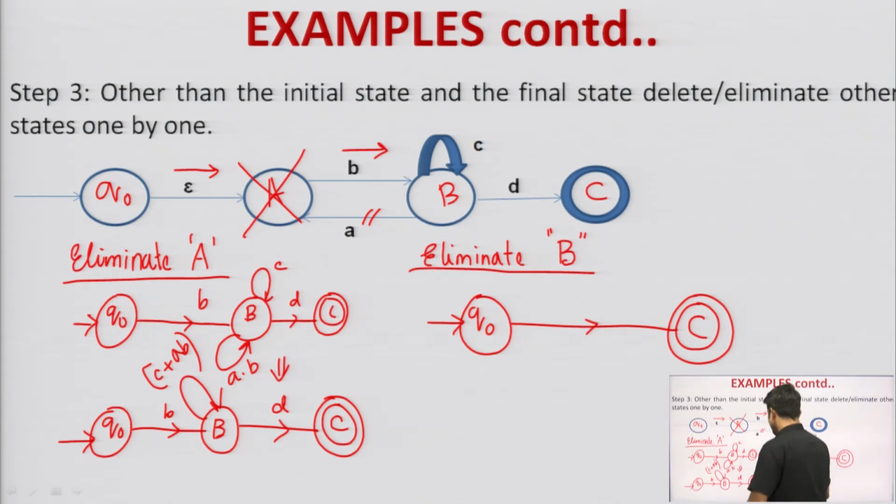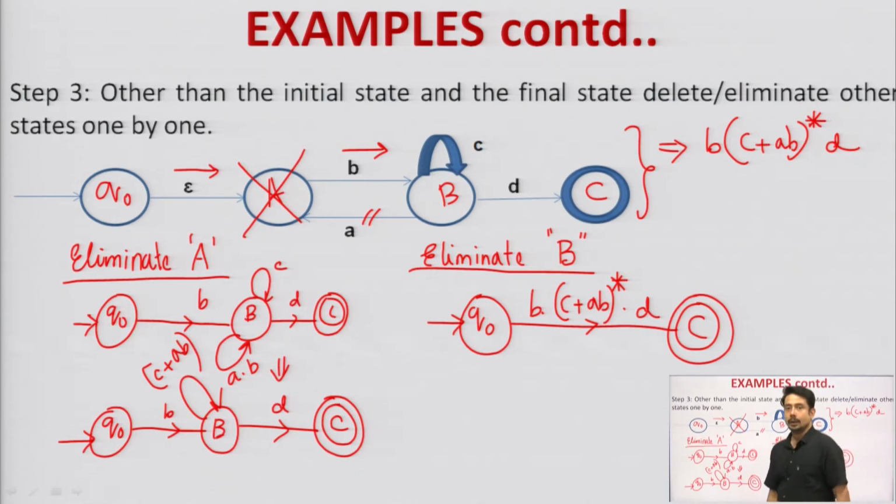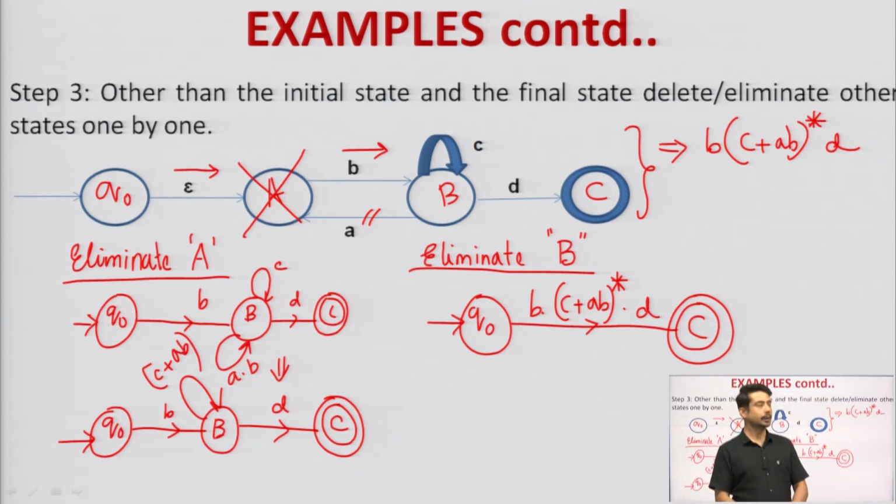Here I will have B, then C plus AB whole to the power Kleene closure, then D. So, the final expression will be B (C plus AB) star D. This is how we got the expression. Please look into the rules one by one and try to delete.